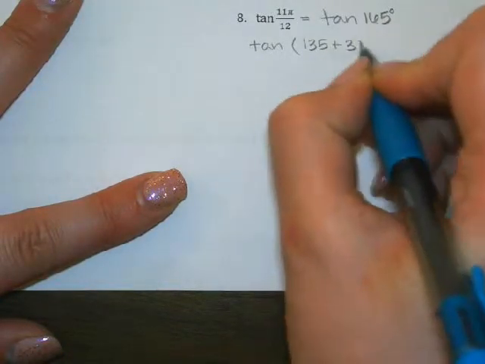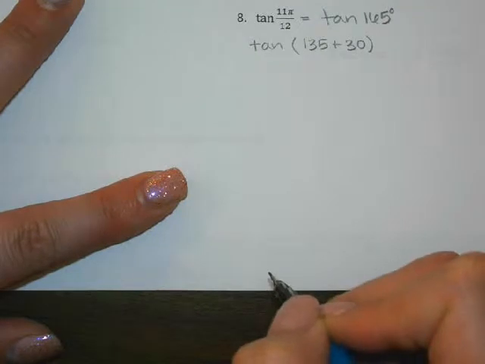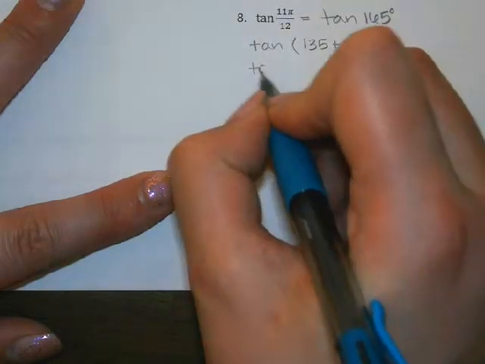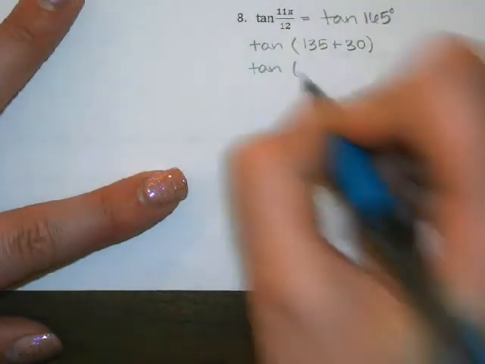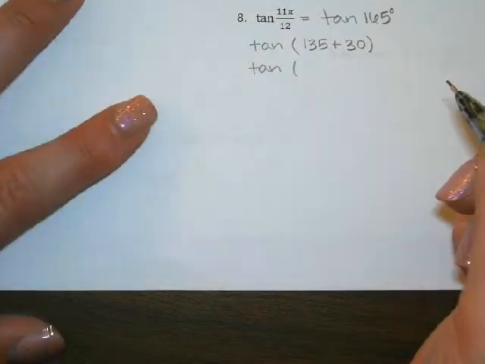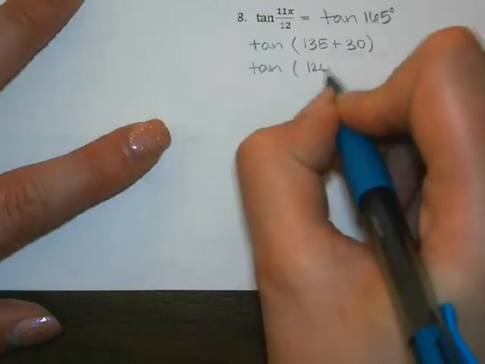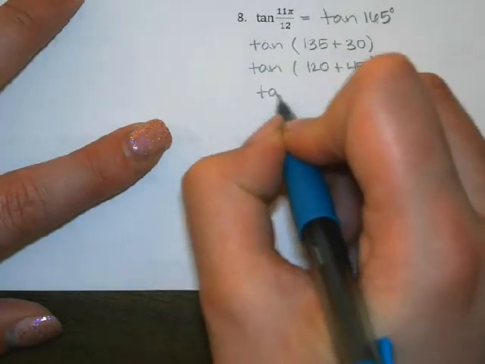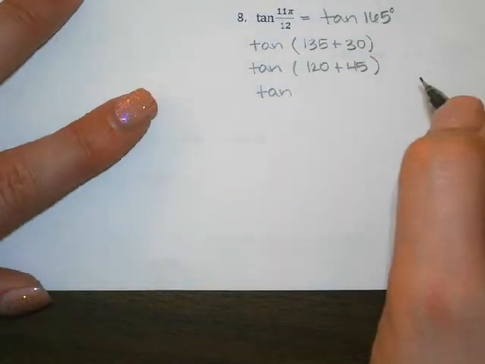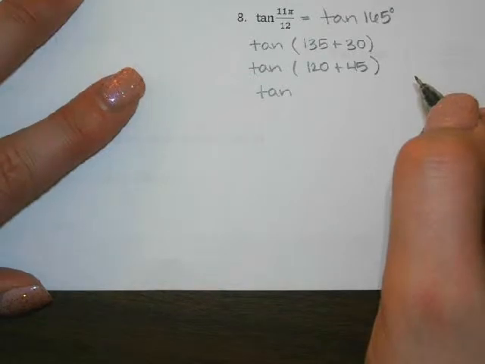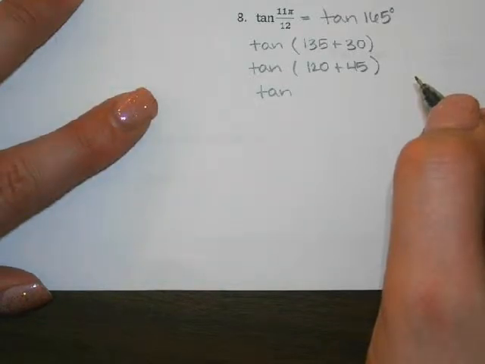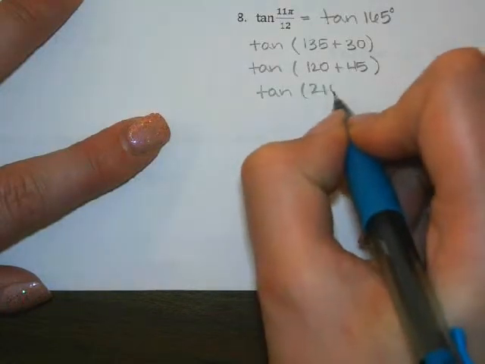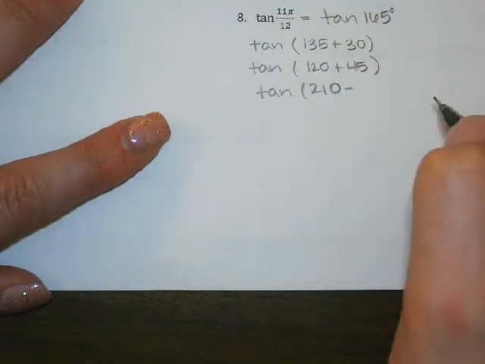135 and 30. 120 plus 45. What about 210 minus something?